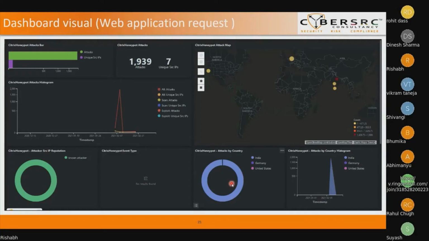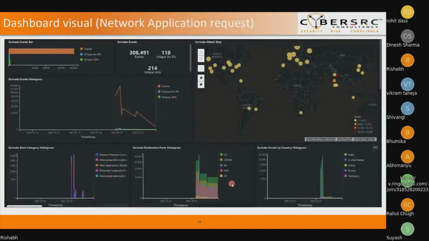And let's move to the network application request visual. One of the most prominent systems we use here is Suricata, which is the NIDS system. You can see that over 3 lakh attacks were registered with 118 unique IPs all across the world, where the majority of attacks originated from India.